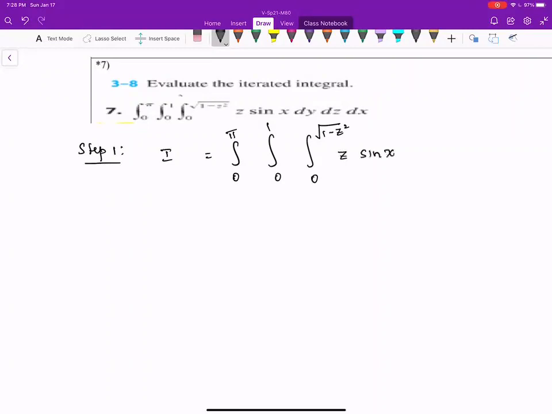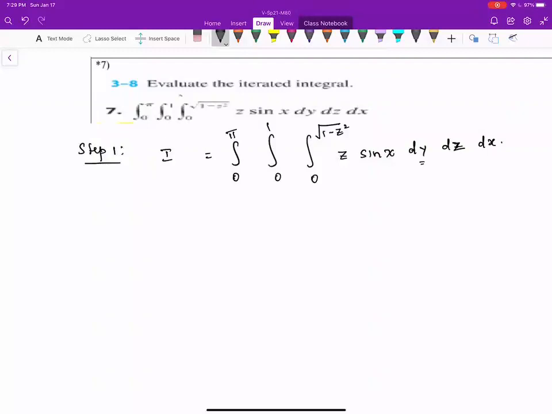That is the integrand. Then look at the order: it is dy, dz, then dx, which means the innermost is dy.